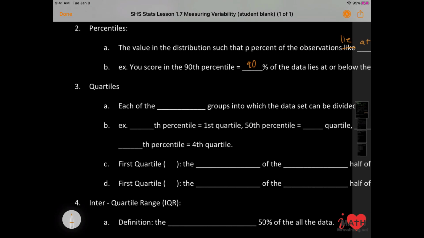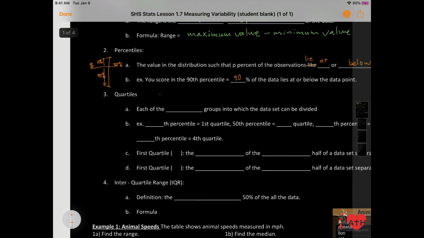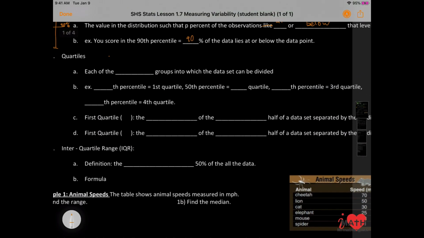Percentiles are applied best in standardized tests like the SATs or the PSATs. Let's say you're in the 90th percentile. This is everybody, and this is you. That means 10% scored above you, but 90% scored below you. So that's a quick idea about percentiles.